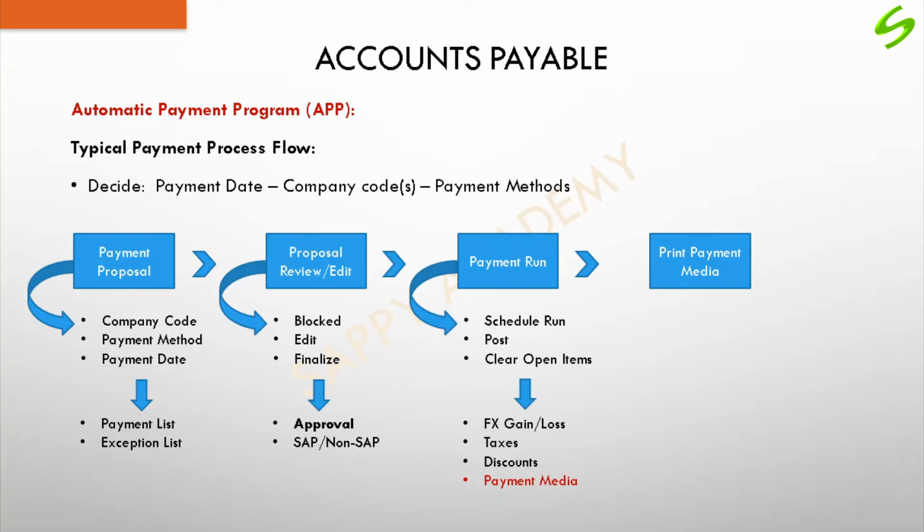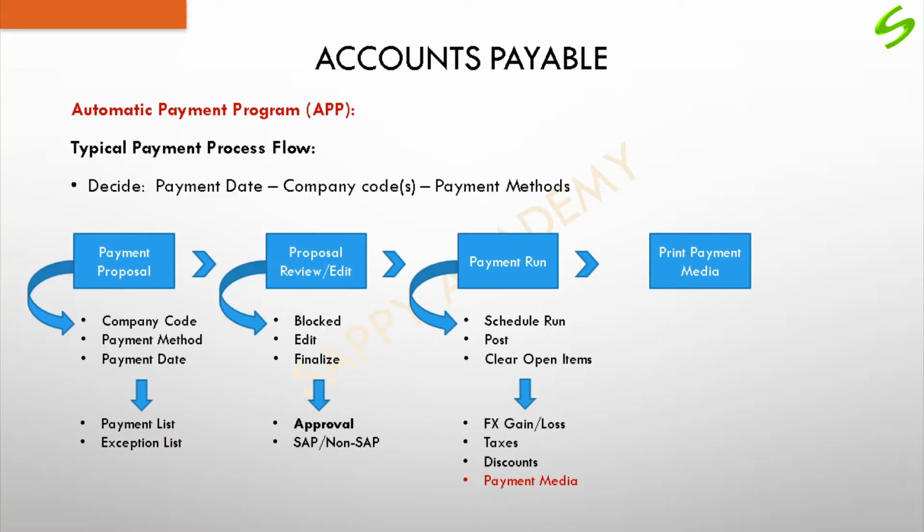Print payment media. So the print payment media is used to generate the payment media. As I said, payment run can also be used to generate the payment media, or some companies use another step to generate the payment media. Now, why do companies use two steps? They can do it in payment run.